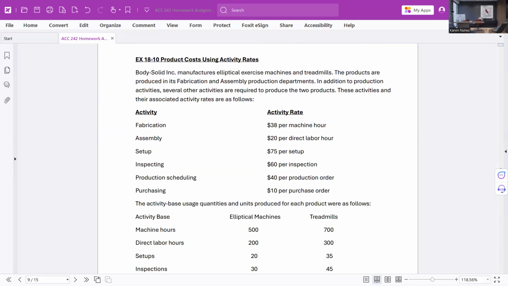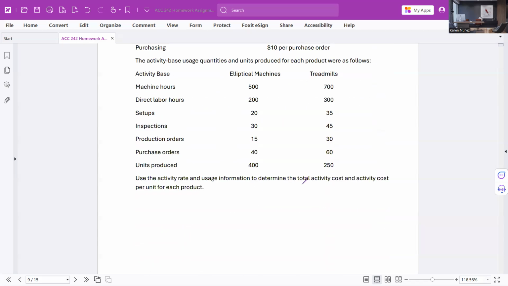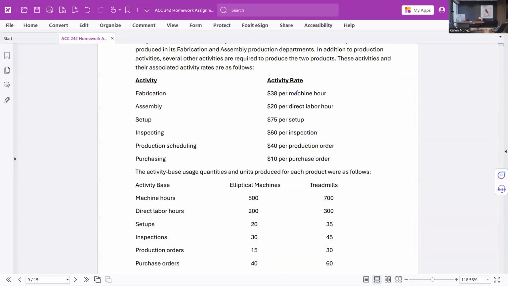So we already know what the activity rates are, and all we need to do is use the rates to assign the overhead to these 2 products, the ellipticals and the treadmills. Well, in that case, to determine the total activity cost and the cost per unit, the way we assign overhead is just by taking the activity times the rate, right?